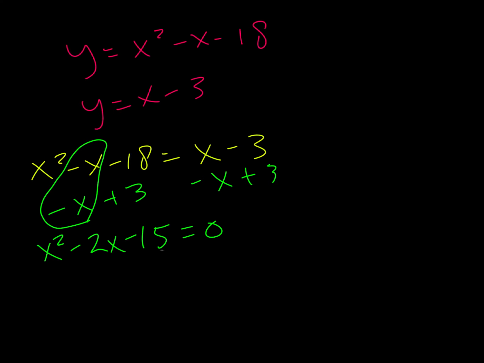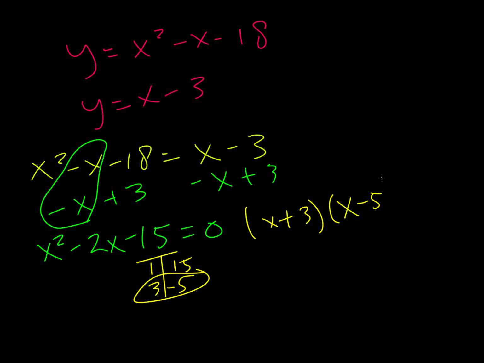So I'm going to factor it because I think we can. So 1 and 15, 3 and 5, 3 and 5 works if we make a -5. And so we get x plus 3, x minus 5 equals 0, which means we can break it up and set each of those equal to 0.